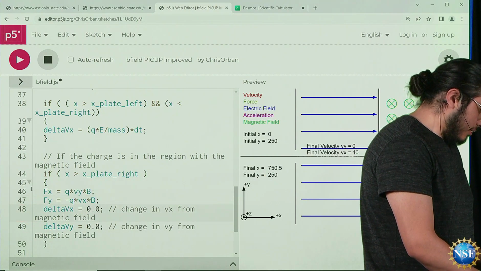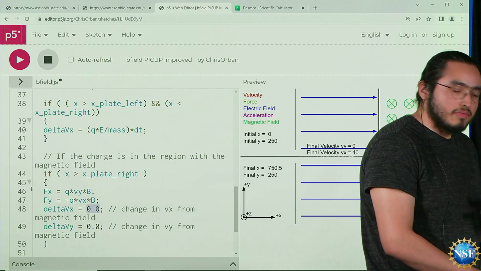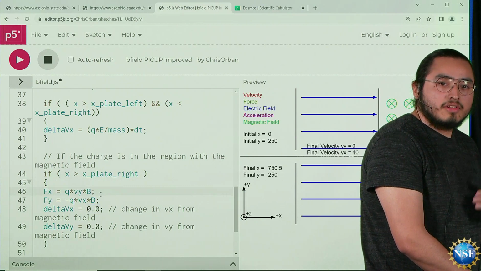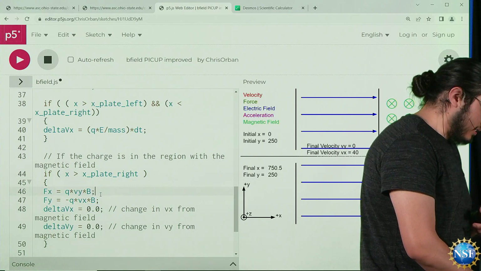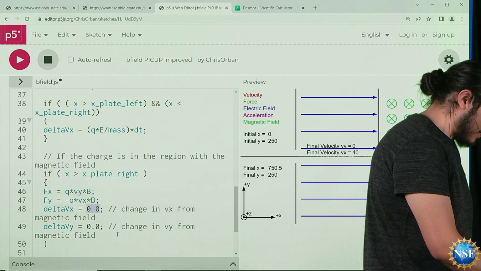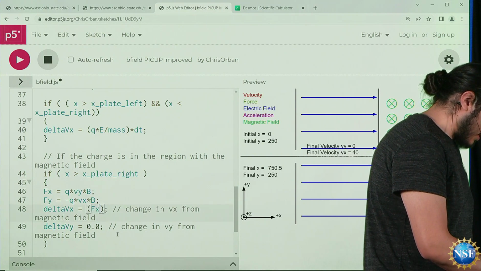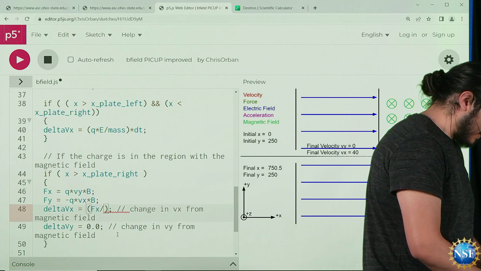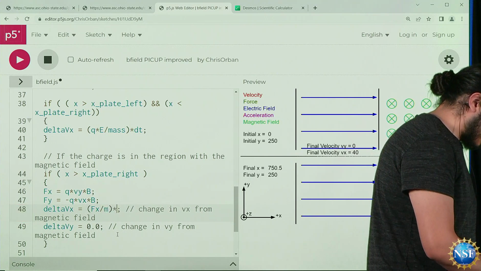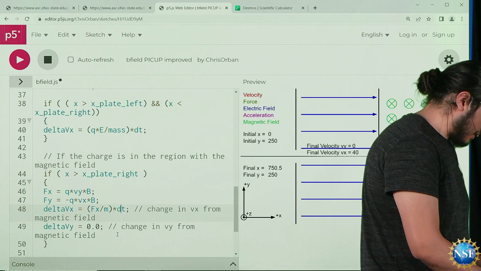Alright, so now that we got that written out, like I said, the force is equal to mass times acceleration. I already discussed that earlier, but then you just divide over the mass to solve for the acceleration. But we'll go ahead and write this in here. We'll get the force Fx divided by the mass times delta t.